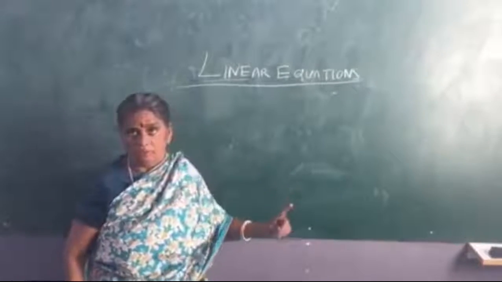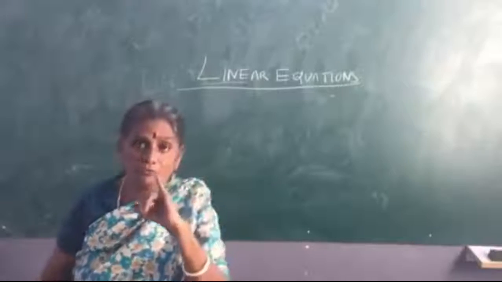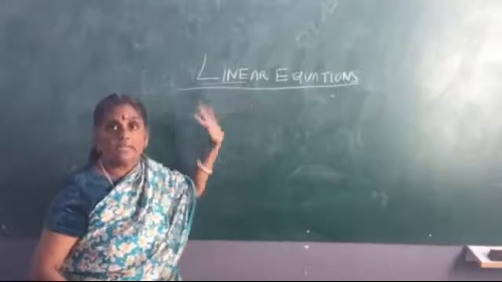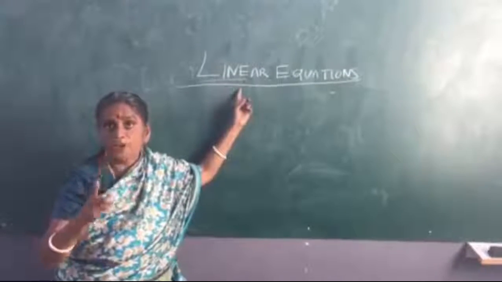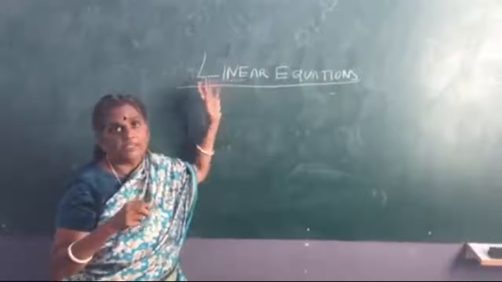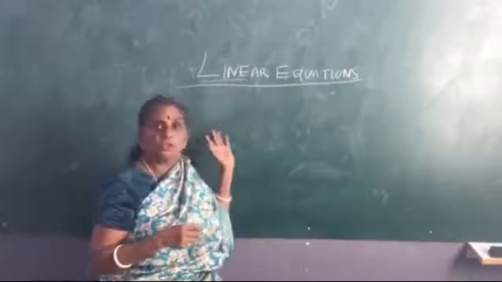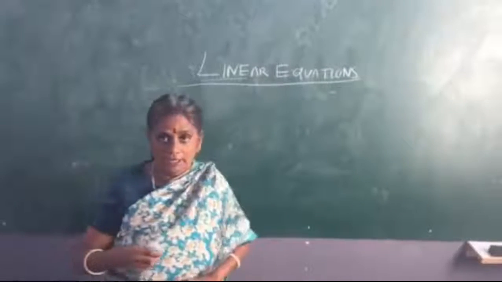Any equation which has a polynomial of just 1 degree is called a linear equation. Any equation involving the degree of the variable 1 is called a linear equation, because when you trace the graph for the given equation, it will represent a line.